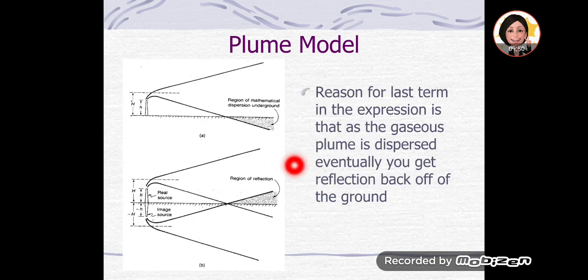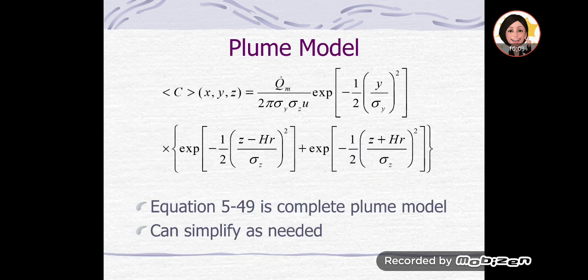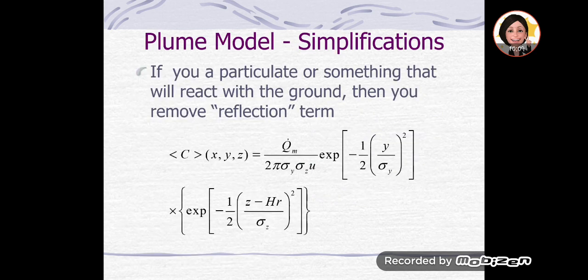Because in the plume model we also assume that when it hits the ground there will be a reflection. That's why it's a plus and a minus reflection.